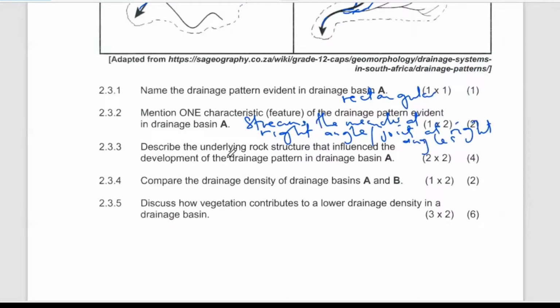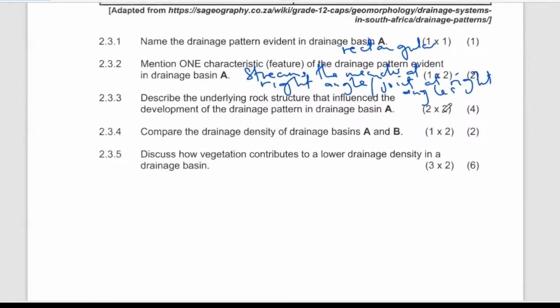Describe the underlying rock structure that influences development of the drainage pattern A. We've talked about that. It develops where we have jointed or cracked rocks underneath, and as such, streams follow the joints or the cracks.